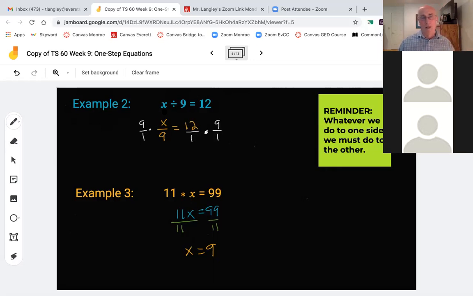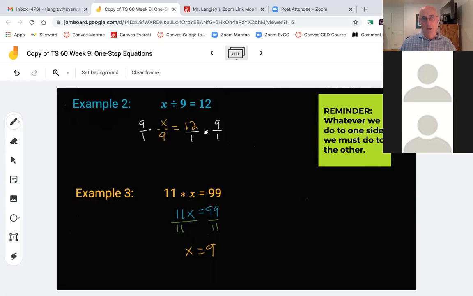So again, backing up, at the start of the problem, I saw x divided by 9, and I told you to turn that into a fraction, because it'll be a little bit easier visually to see how to do it as we try to solve it. I know that the side with x has division, and the opposite operation of division is multiplication.